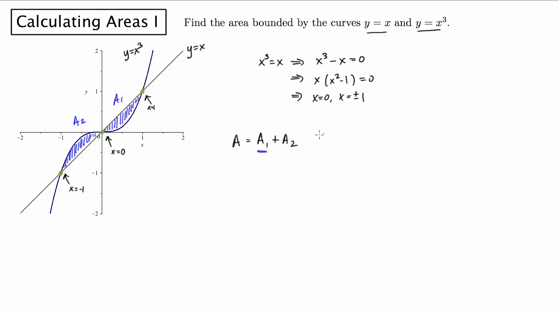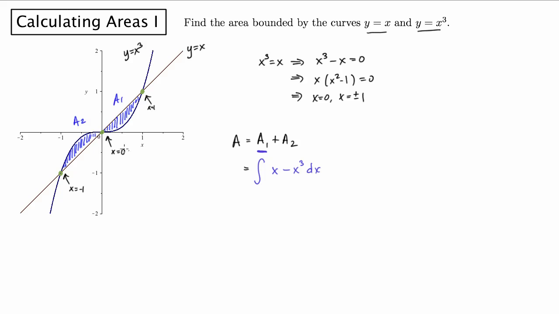For area 1, remember, the idea is which function's on top and which function's on bottom. For area 1, the function y equals x is on top, and x cubed is on bottom. So area 1 would be the integral of x minus x cubed dx.